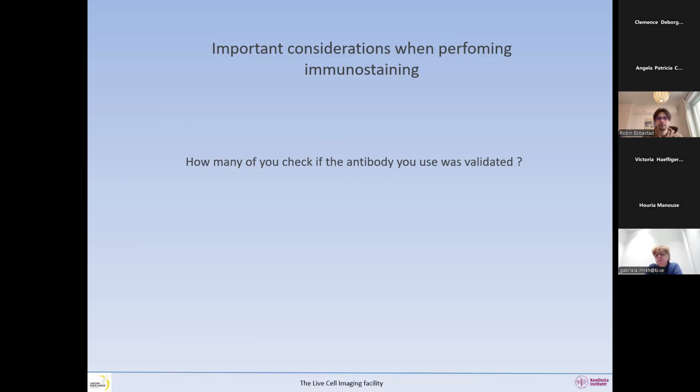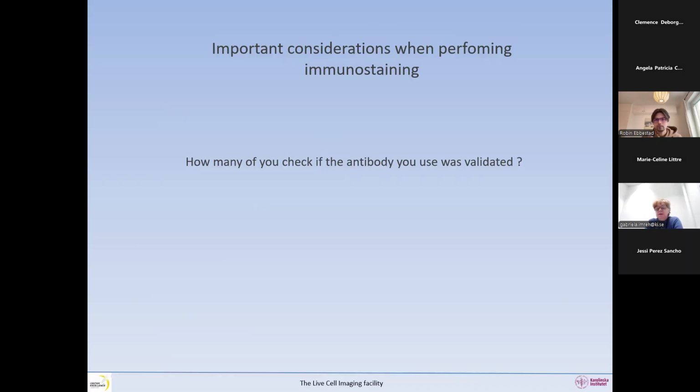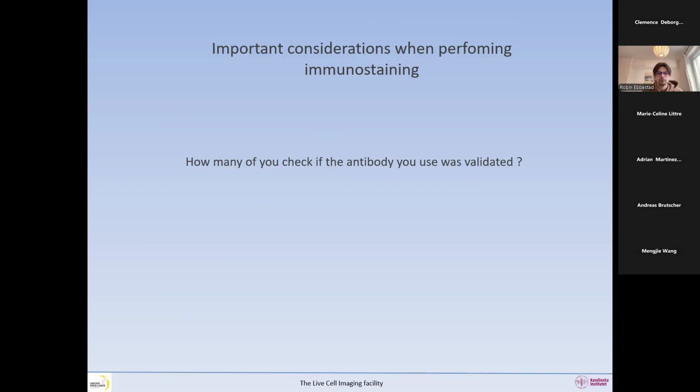Validated means that the manufacturer actually tests and sees that the antibody is working for the application that you need the antibody for. That's good. That means that all of you are aware of how important validation is. Good. That will make my speech easier.